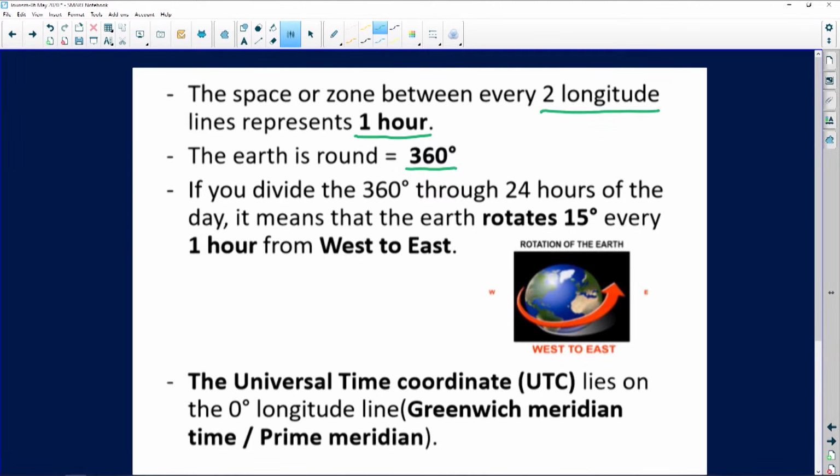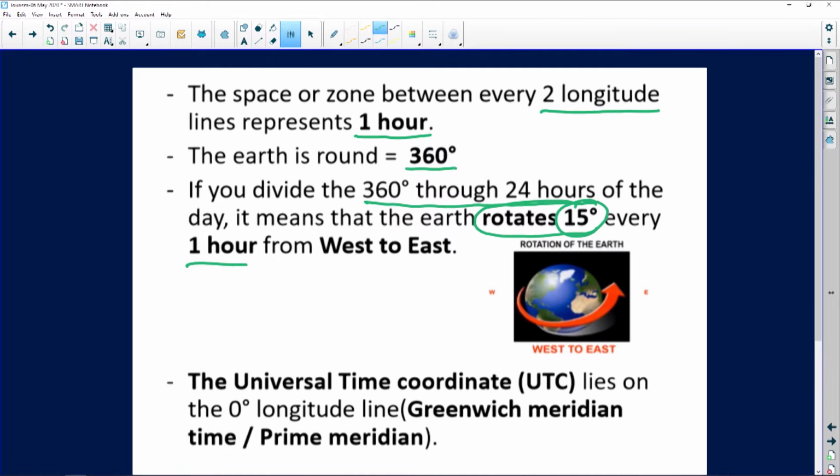Therefore, it's very simple: we divide that 360 degrees by the 24 hours that we have on our clock. And the answer tells us that there's 15 degrees between every two longitude lines. In other words, that 1 hour and the 15 degrees is basically the same thing.